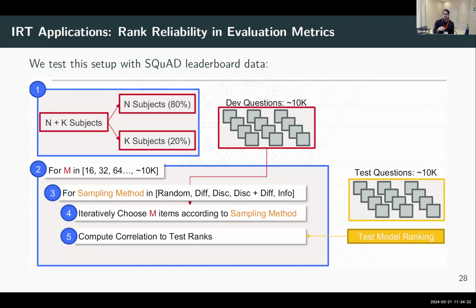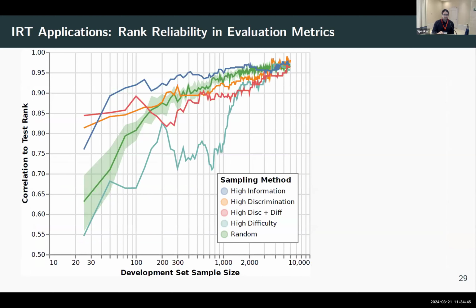So we use the other half of the dev set to compare rankings, because you would hope that the ranking on one half of the dev set would correlate to the other half if you randomly sample. What we basically saw was if we pick at random, the random method of sampling is not that great.